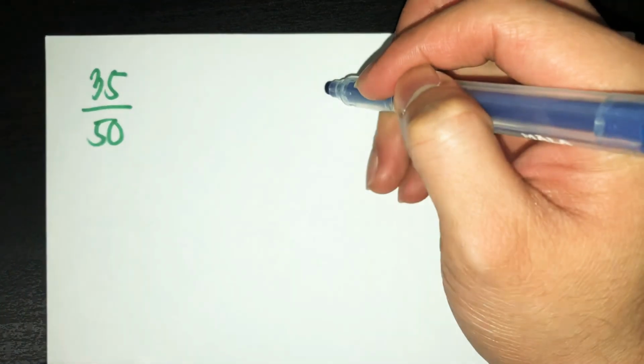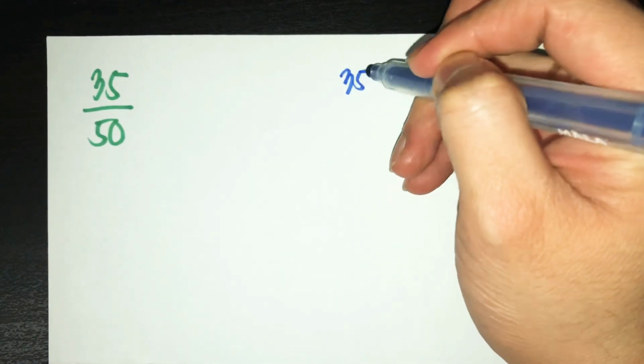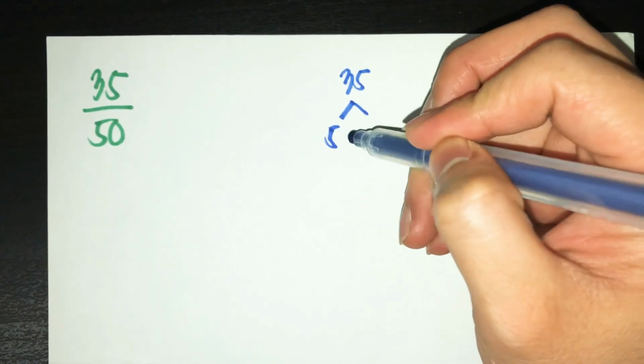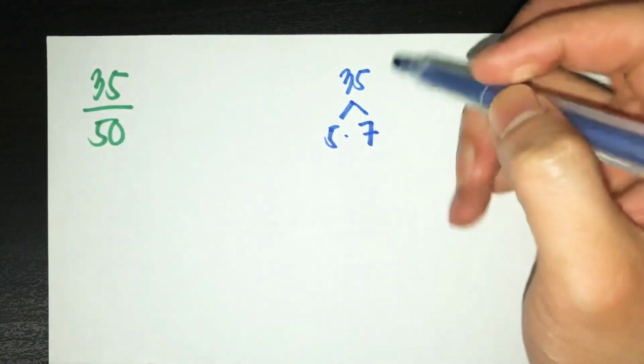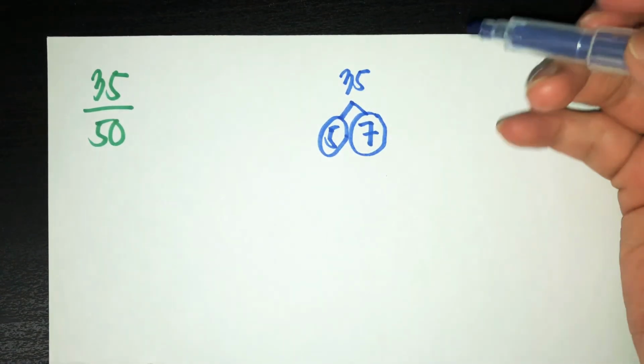So what we're going to do first is get the HCF. For 35, we need to get the factors of 35. So we have 5 times 7, which are already prime.